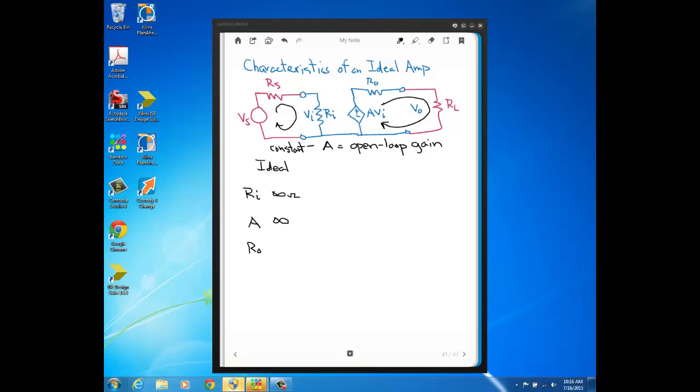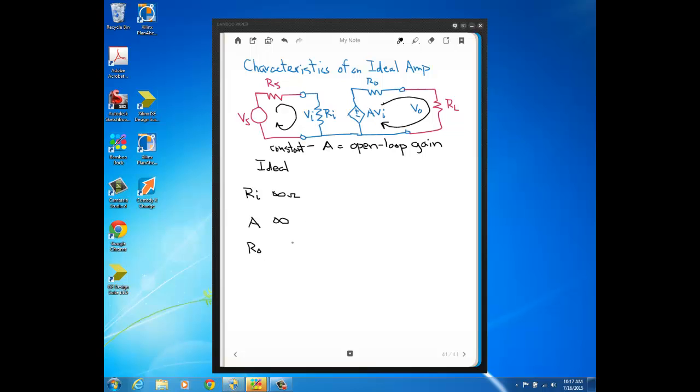Now that brings us to, well, what's the ideal value of this output resistance? Well, here's V out, the signal we want to make as large as possible, and in between V out and this dependent source value, AVI, which is now as large as it possibly can be, is this series resistance R0. So ideally we would want to lose no voltage across this output resistance, because if we were to lose no voltage across this output resistance, V out would equal AVI.